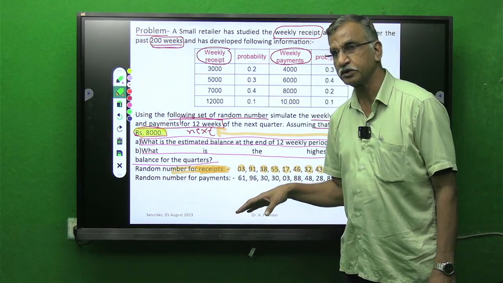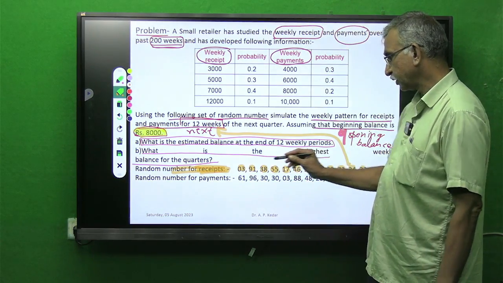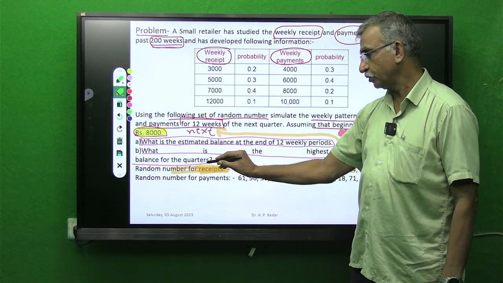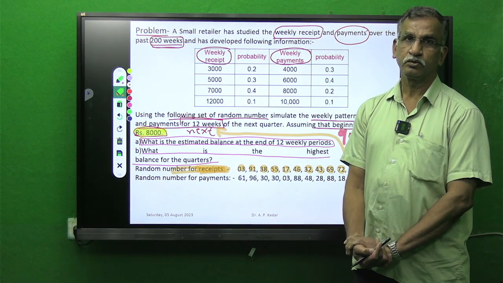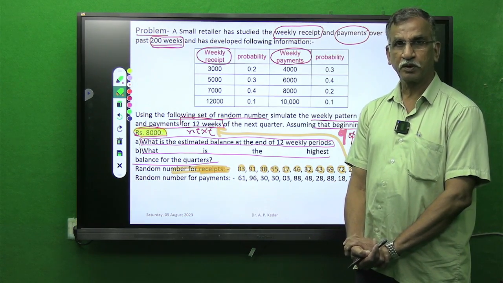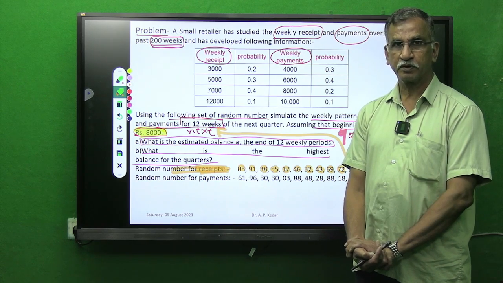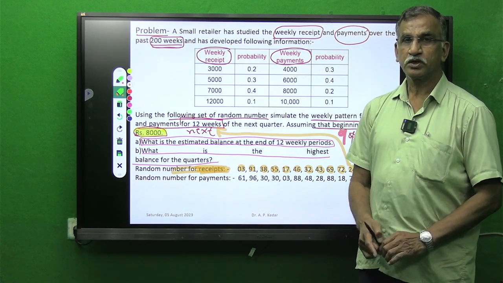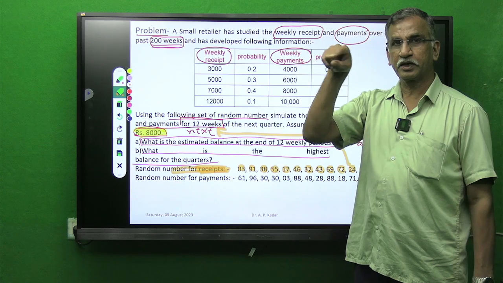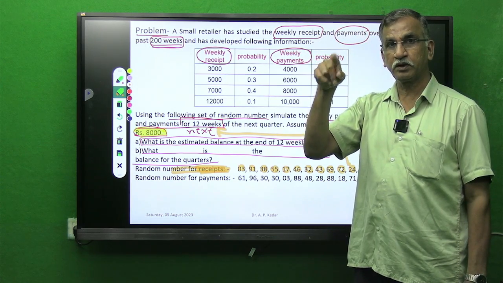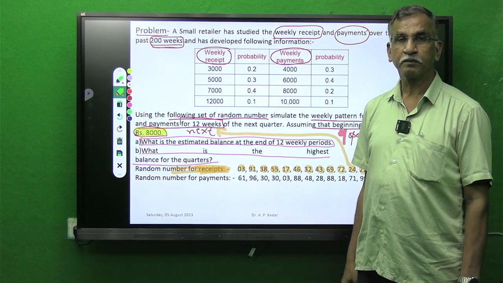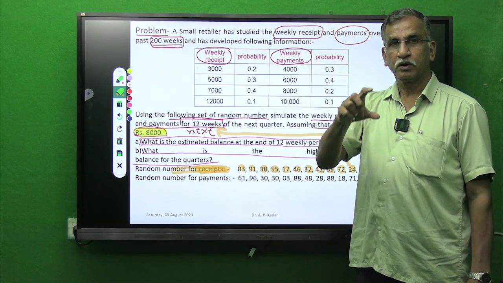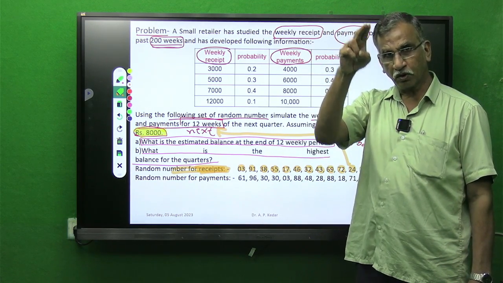Suppose in this example random numbers are not provided to you, then what to do? It's very simple. I have also explained this concept. Just recall the random number data sheet which I have given in earlier lecture, wherein I have stated that you have to use random numbers in order of consecutive numbers column wise.